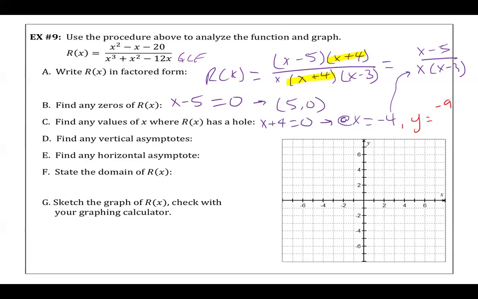In the denominator, I have -4 minus 3, which is -7, times -4 is 28, right? So therefore, my hole would be at -4, comma, -9 over 28. A really tiny number, right?